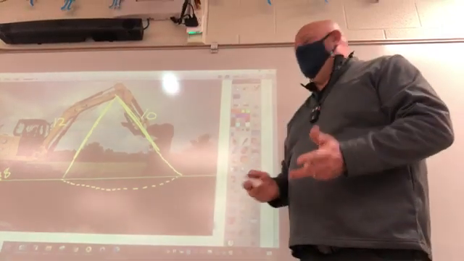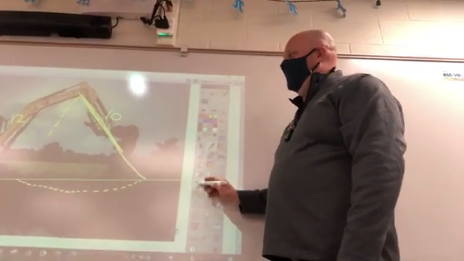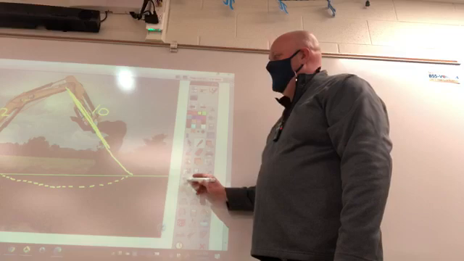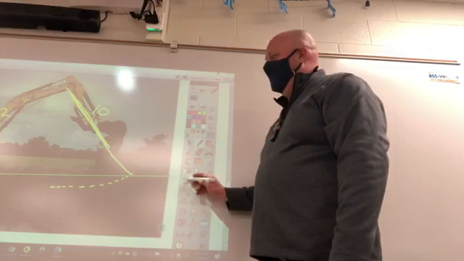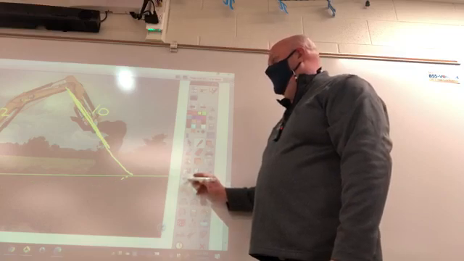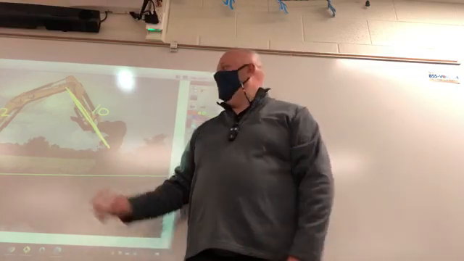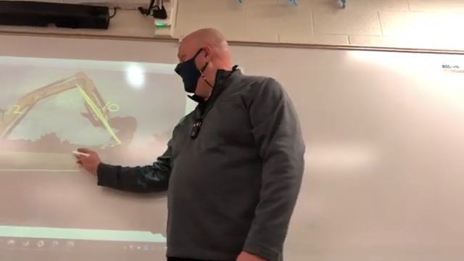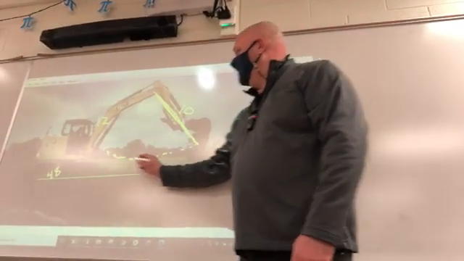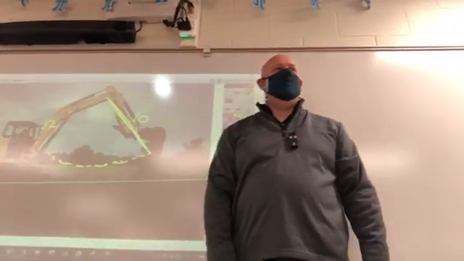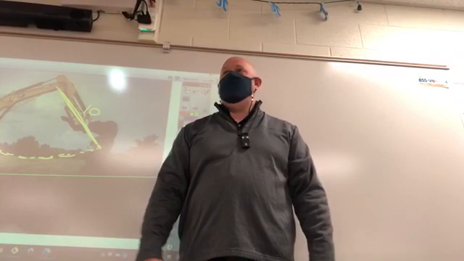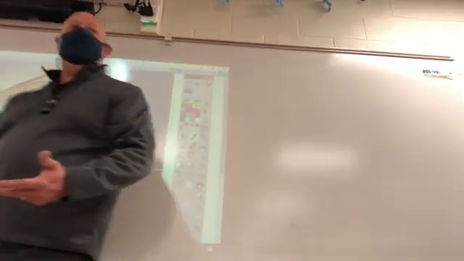That's one possible scenario. Another possible scenario is the drawing might look more like this. And if I swing this arm, what's going to happen? Will it ever intersect the ground?